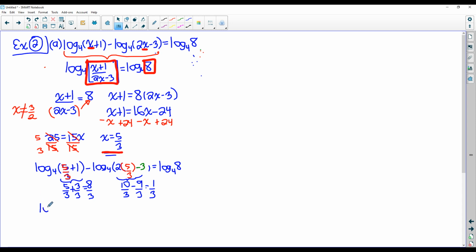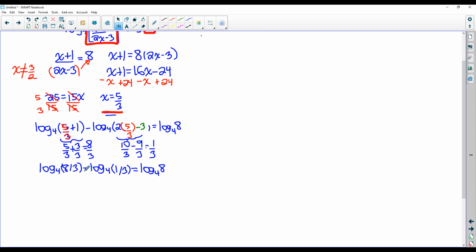Okay, so then this would be log 4 with an argument of 8/3 minus log 4 with an argument of 1/3. And we just want to see if that's equal to log 4 of 8.